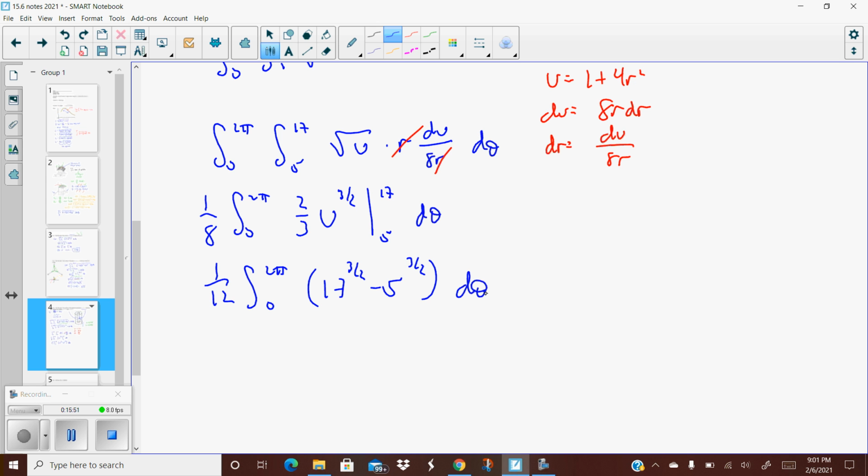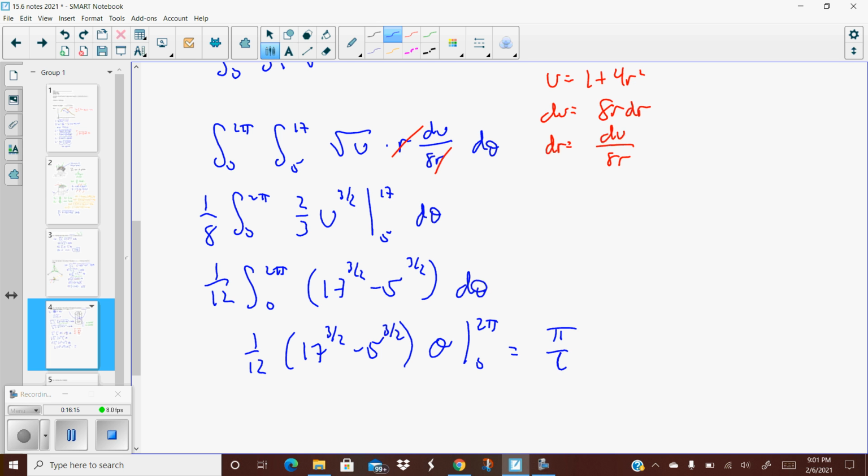That's just a constant, so the antiderivative is just going to give us 1/12 of that times theta, evaluated from 0 to 2 pi. Plugging a 0 in would wipe that out, so plugging in the 2 pi, I get 2 pi times the 1/12, which gives me pi over 6.